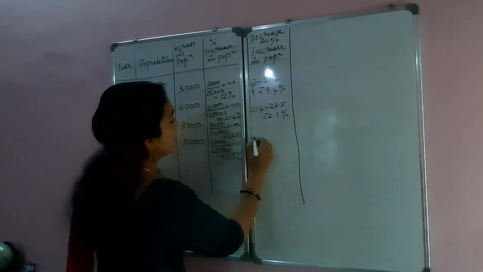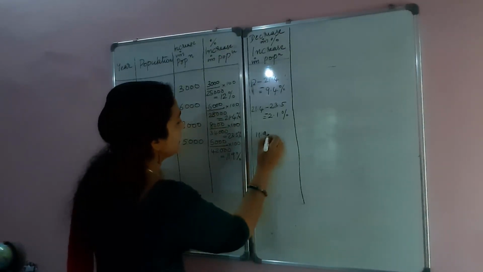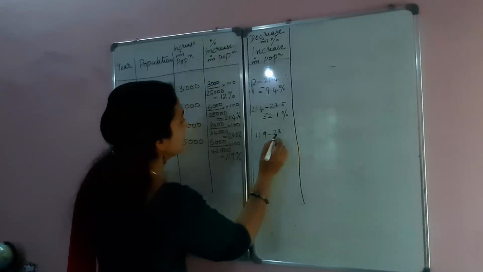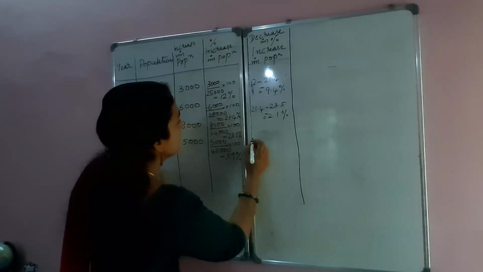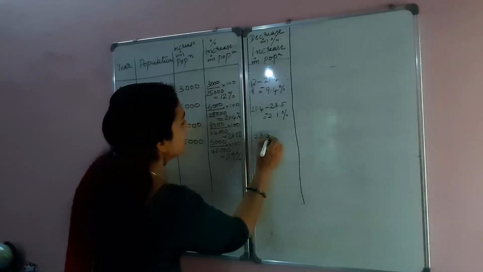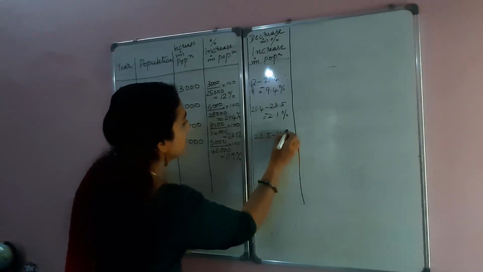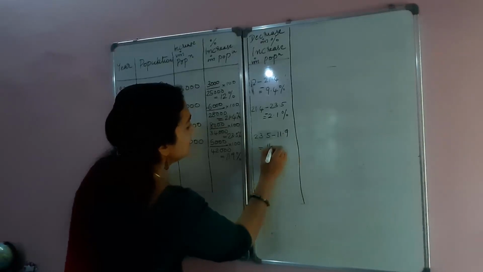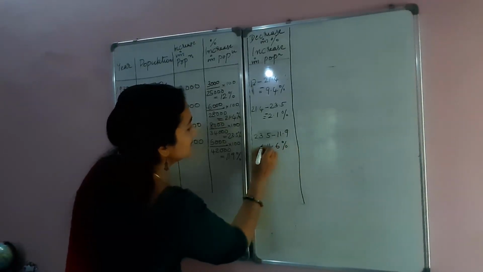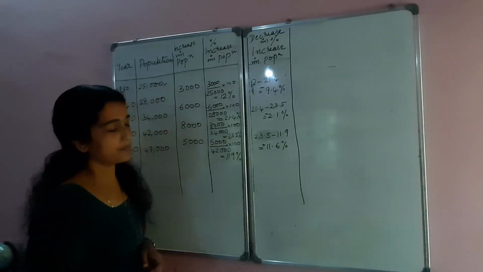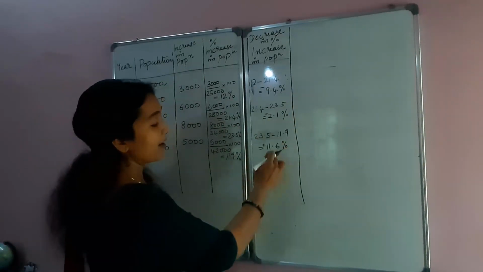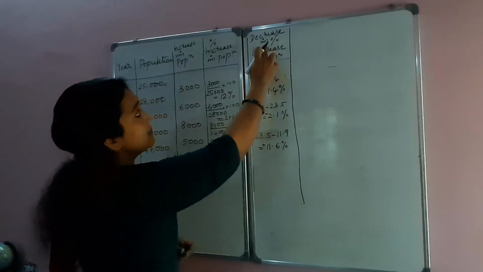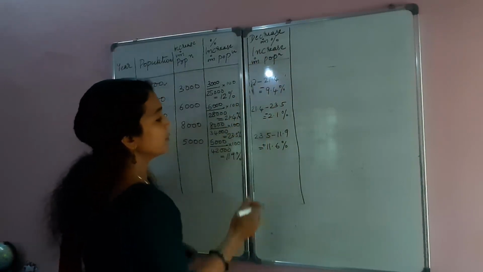Then 23.5 minus 11.9, that is 11.6%. This one is positive. Then we have to calculate the average of the decrease in percentage increase in population.